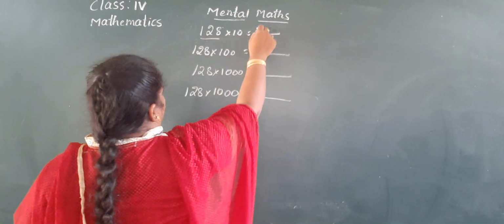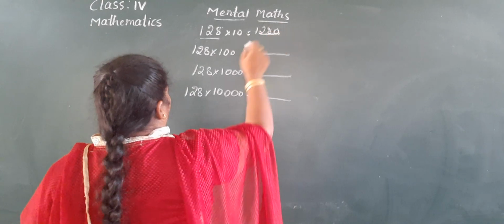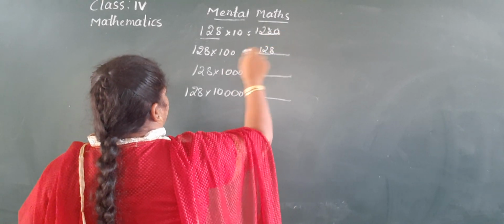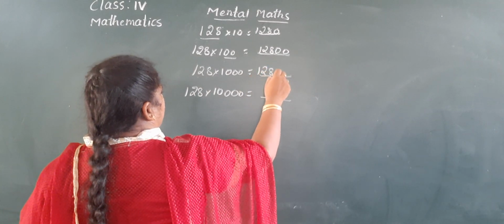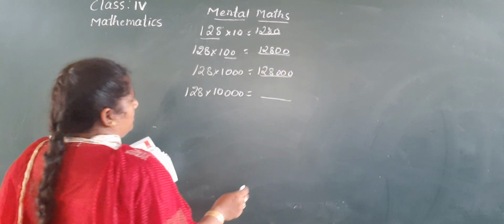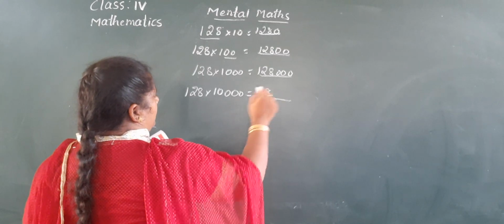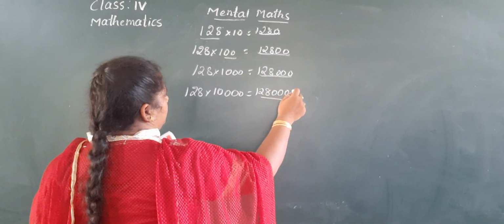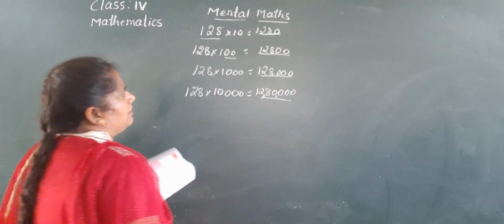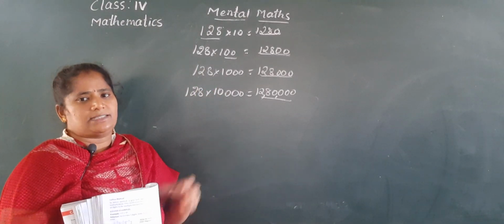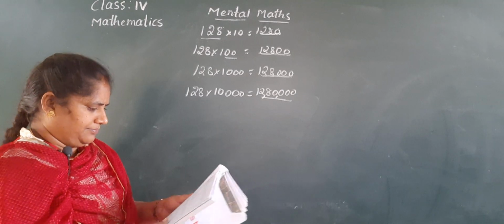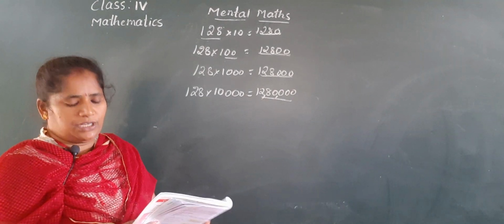Here the same number we write and keep 1 zero. Here also 128 and keep 2 zeros. 128 ones are 128 and we keep 3 zeros to the right side of the product. 128 and we keep 4 zeros to the right side of the product. So my dear children, complete these blanks in your textbook, page number 49.